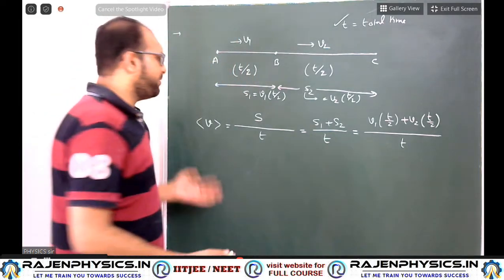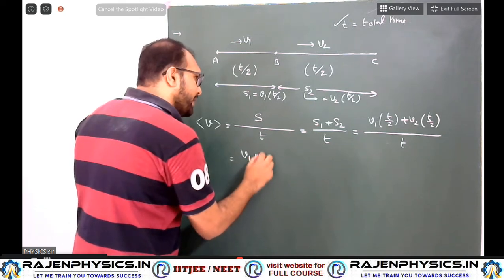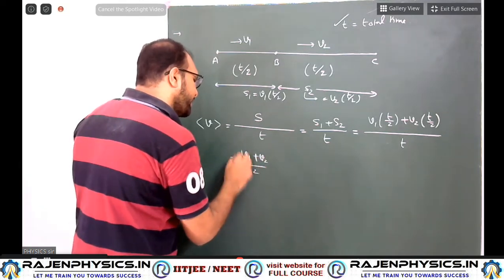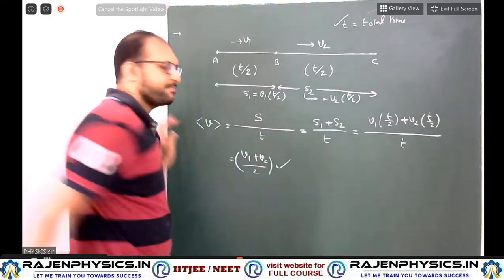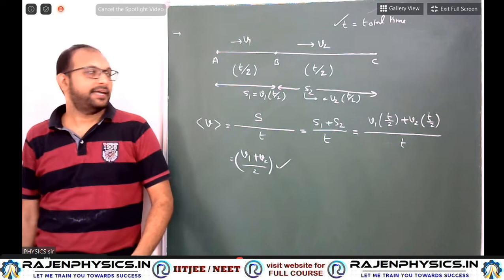Then after simplification, V1 plus V2 divided by 2. So this is the average velocity in the present case.